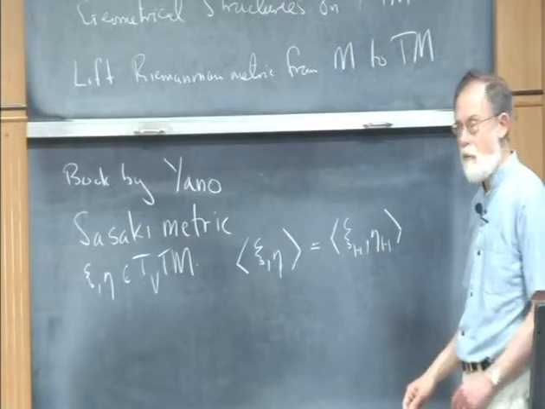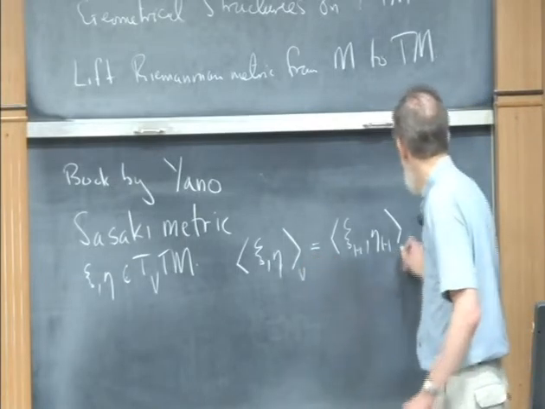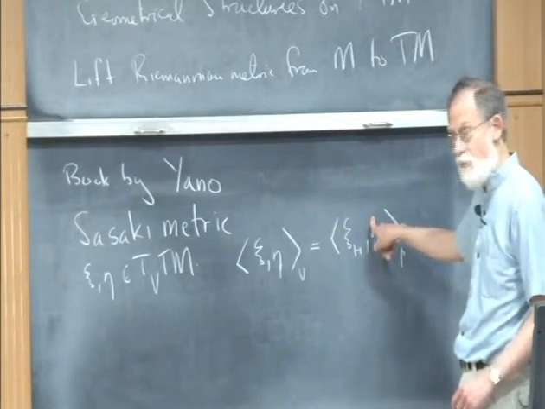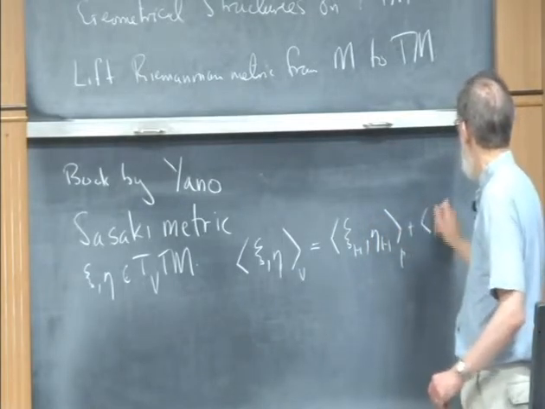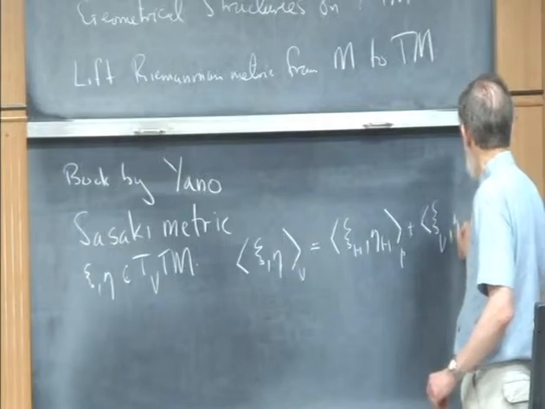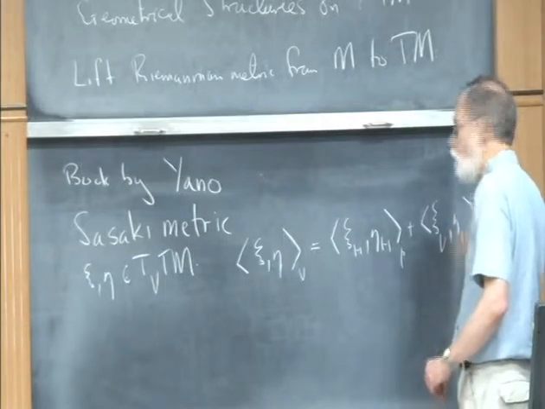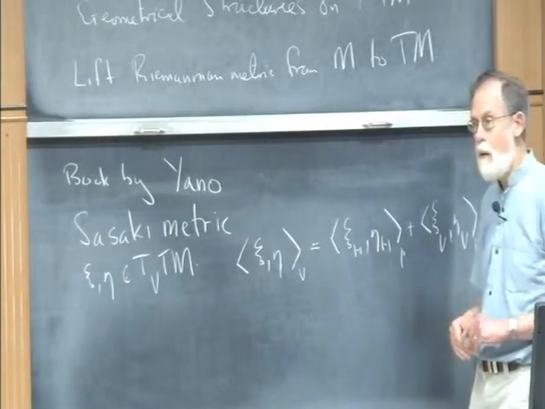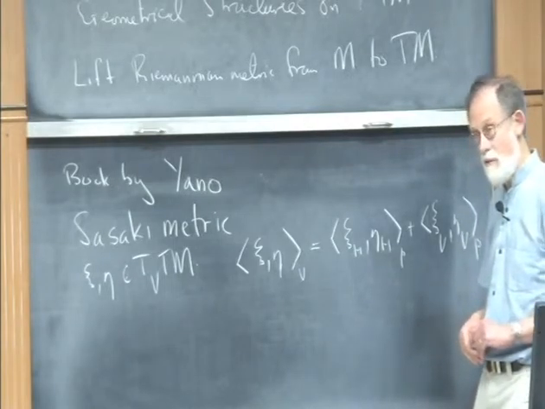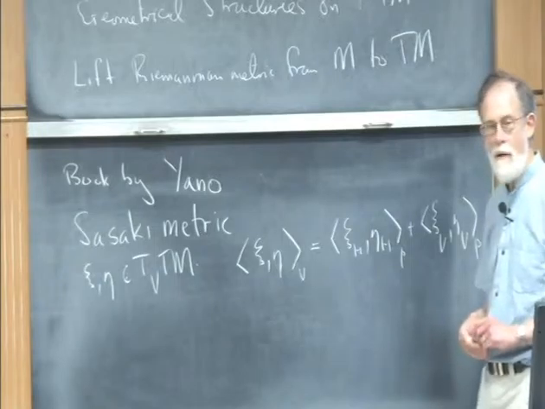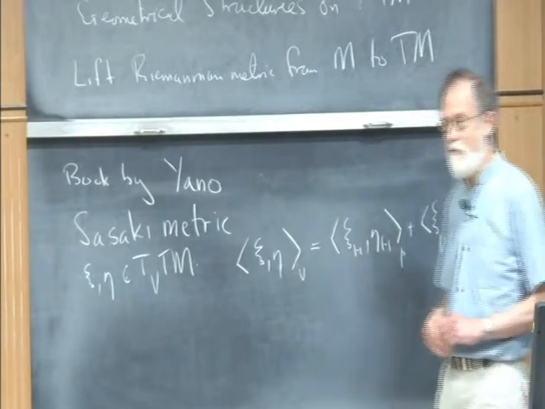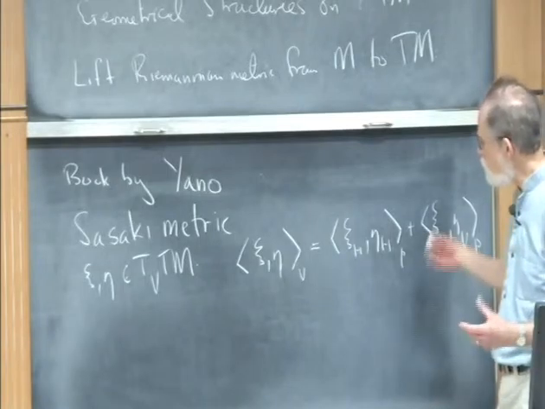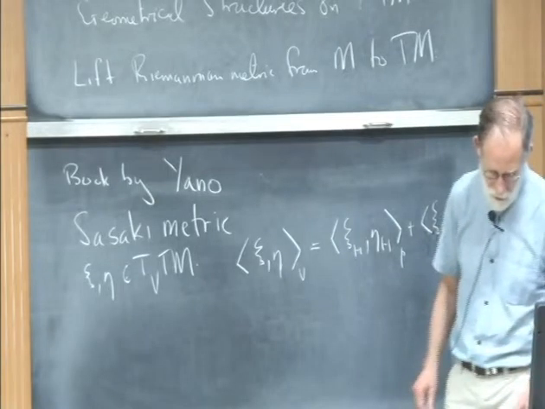We can take the inner product of them in the tangent space at p. This is the Riemannian metric from M, and then you do the inner product of the vertical subspaces. So that's very natural. As I said, there are other ways of doing it. I don't actually remember any of the other ones at the moment. And so that's the Sasaki metric.